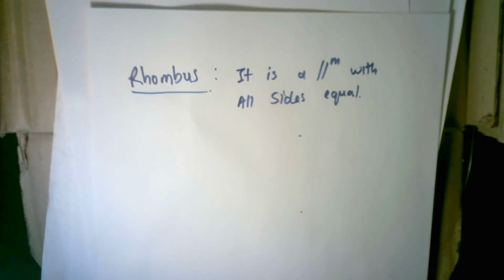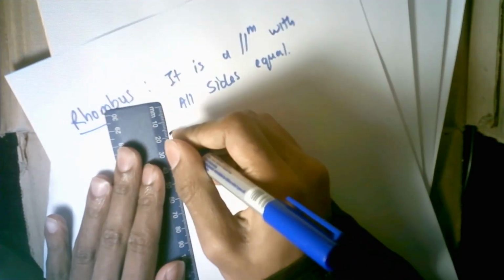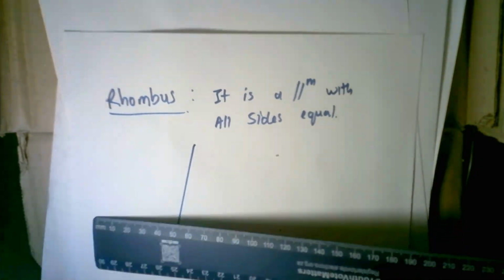A rhombus does not have each interior angle equal to 90 degrees because it's tilted. And because it's tilted, that interior angle will no longer be 90 degrees. It will either form an acute or an obtuse angle. So let's look at the properties of a rhombus.